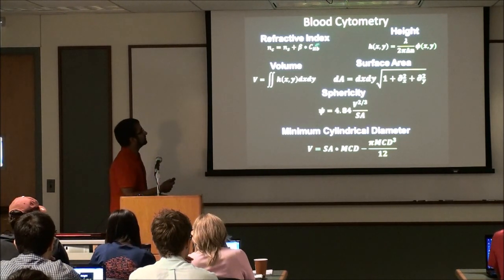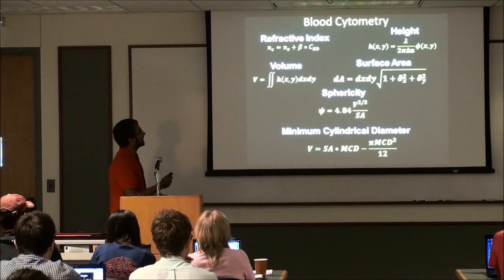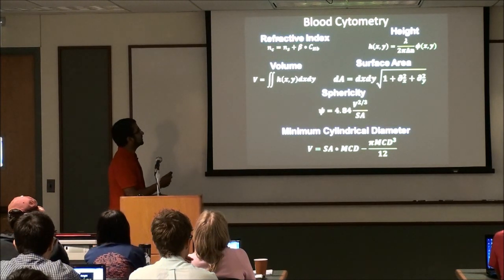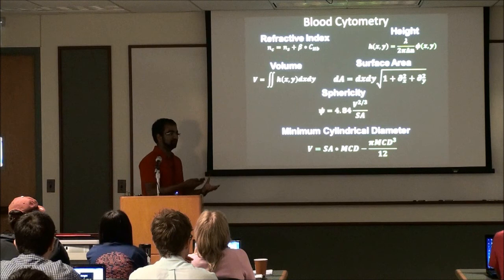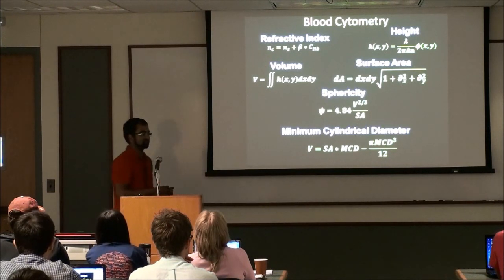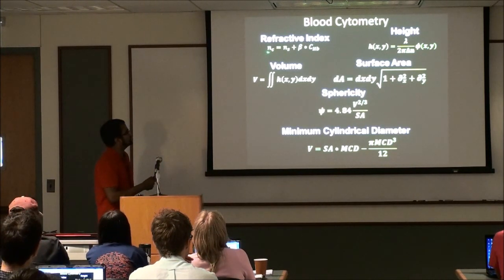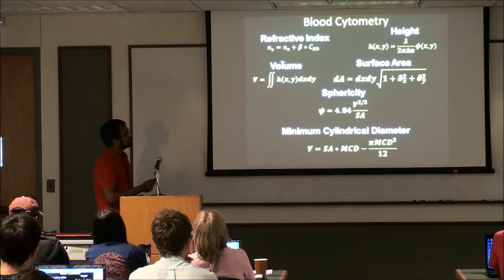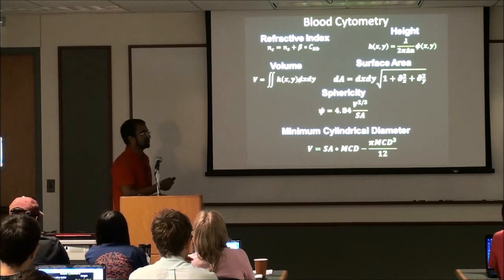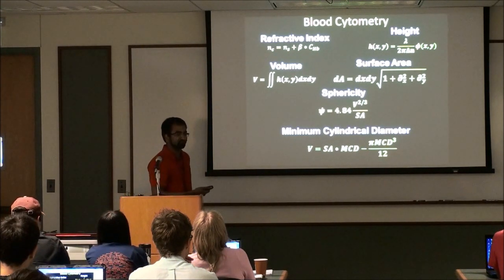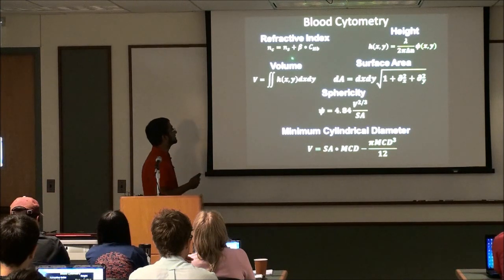And as we mentioned, in blood cells, it's very easy to get the height if you know something about the hemoglobin concentration. The refractive index in a living cell can be approximated by this relationship, which was first realized in the 1950s when phase contrast was first invented.